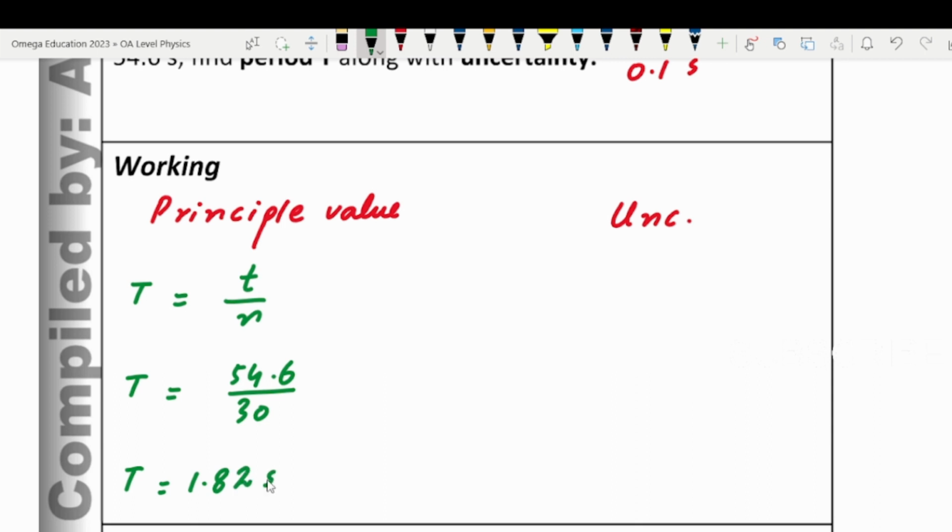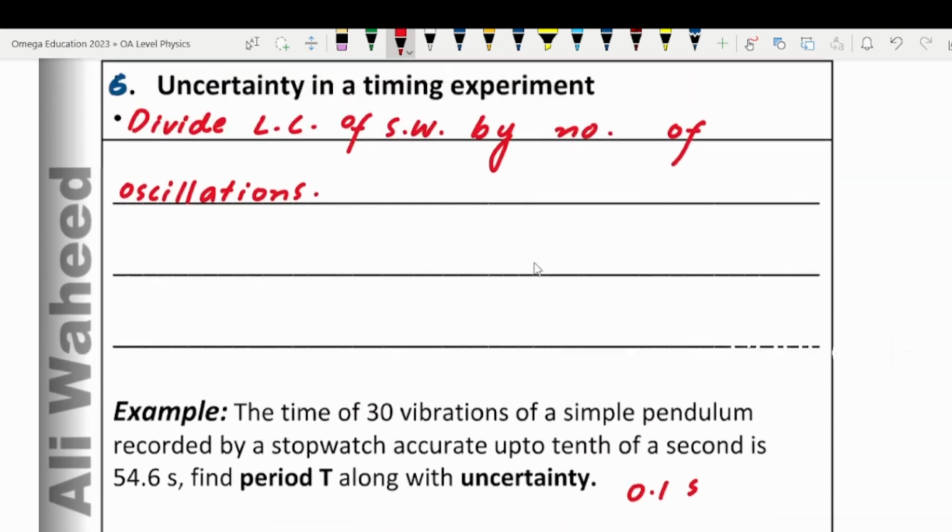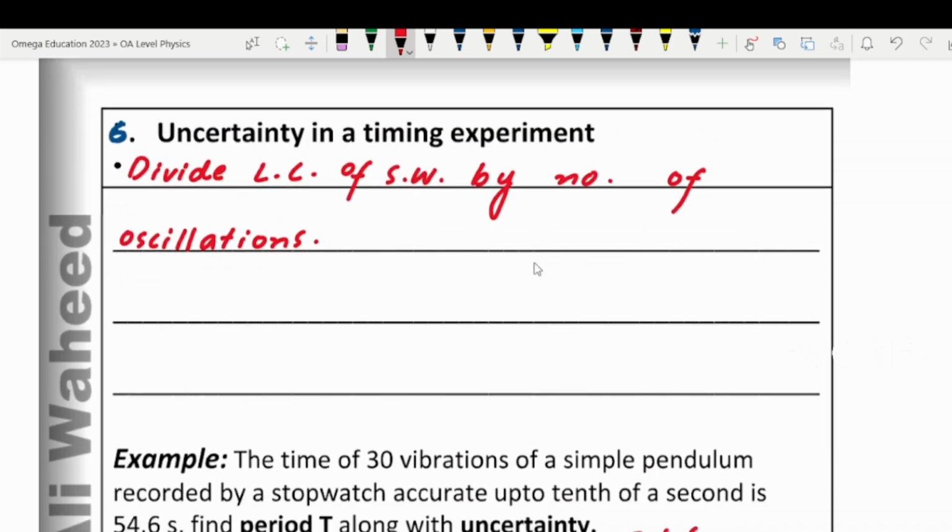Okay, 1.82 seconds. Then we need to find the uncertainty in the value of the time period. So the uncertainty in t would be represented as delta t. In this situation we find the absolute uncertainty, unless they ask you otherwise. So delta t would be equal to, what is the rule? The rule says divide the least count by the number of oscillations.